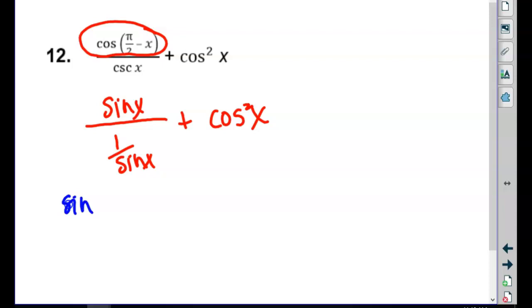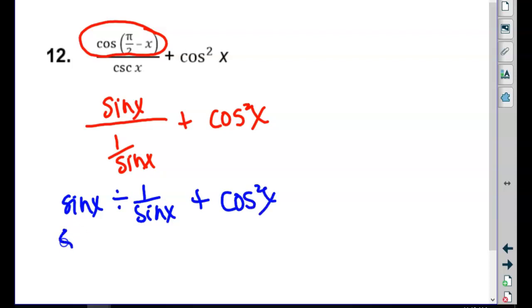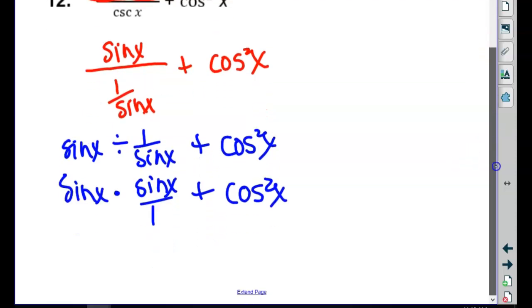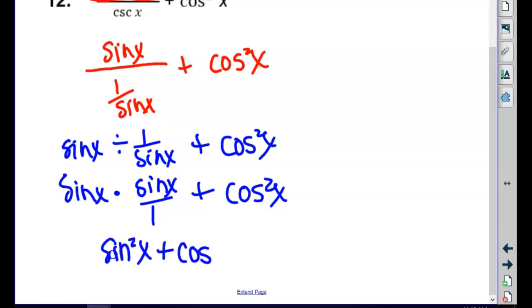It is a sine x being divided by a 1 over sine x, which means it's a sine x times the reciprocal. What's that going to simplify to, guys? A sine squared of x plus a cosine squared of x is 1. So that was really nice. I'll simplify down to just 1.